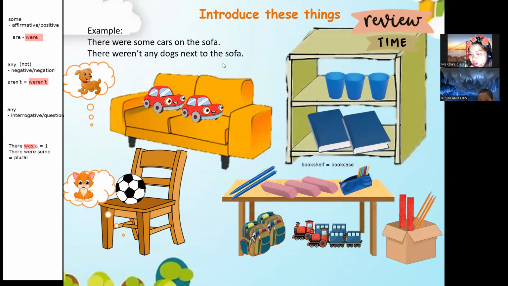How about moving into here? How many rulers are there? Otis, how many rulers are there?